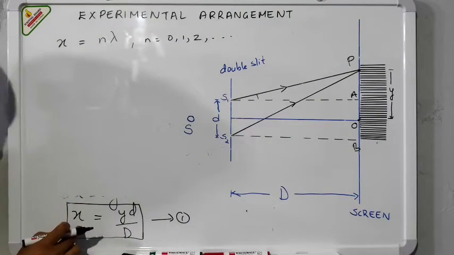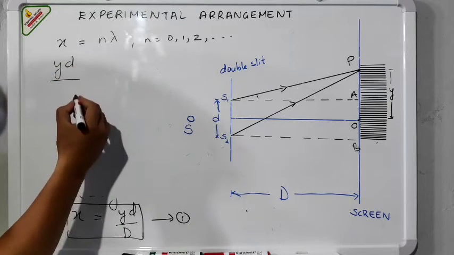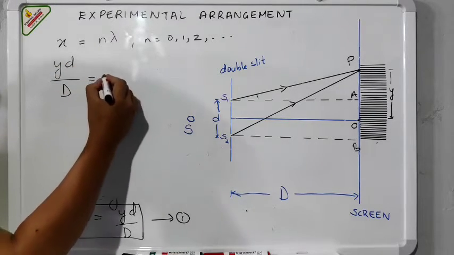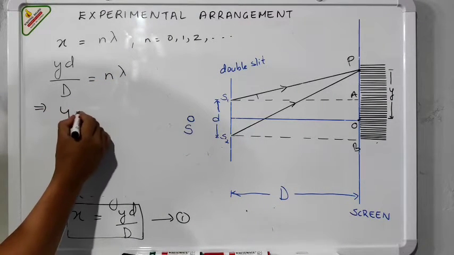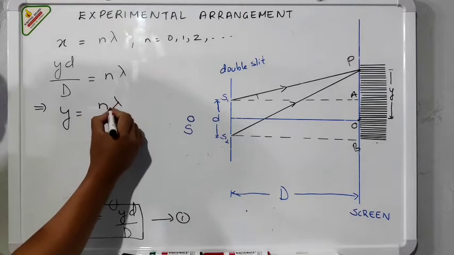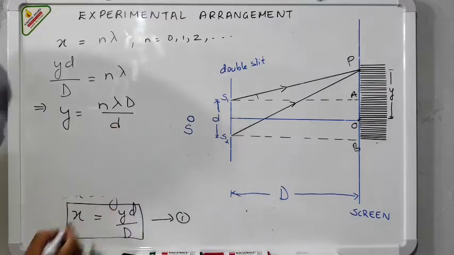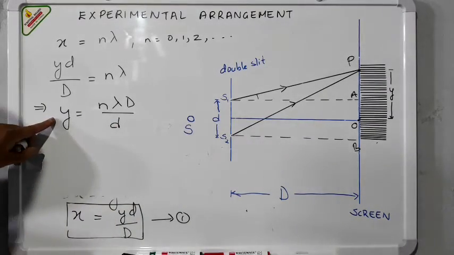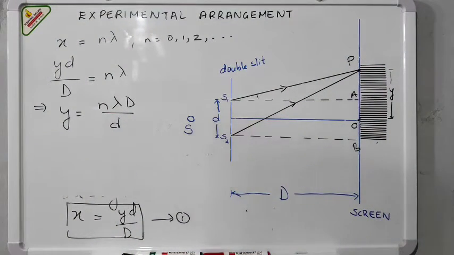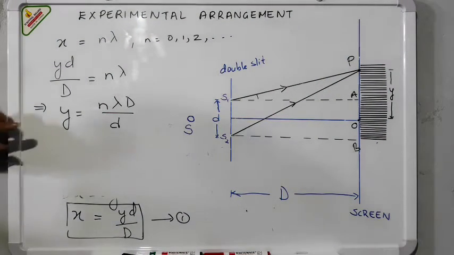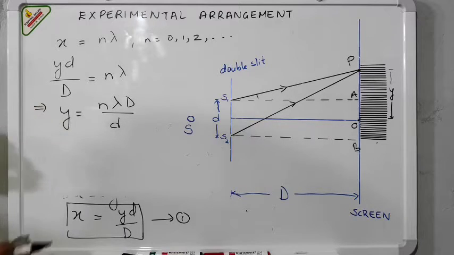We have the expression of x here: x is yd by capital D. Then we have n lambda. So y is n lambda D by small d. This is the distance of P from O, the position of the bright fringe.